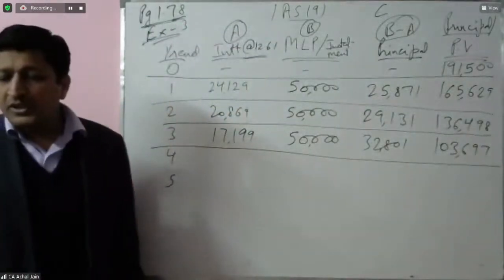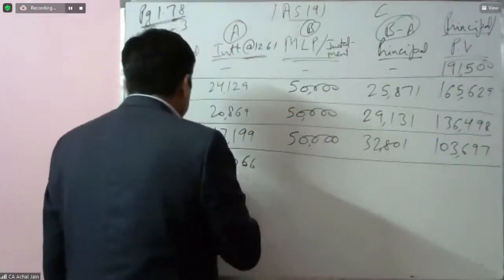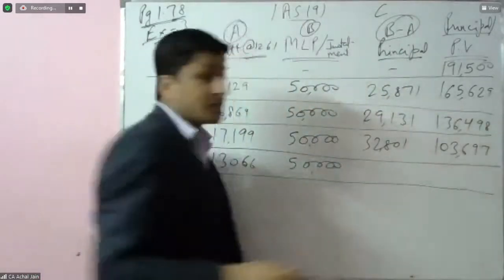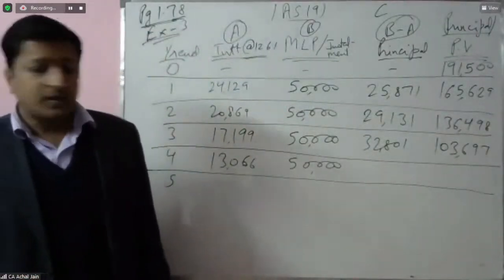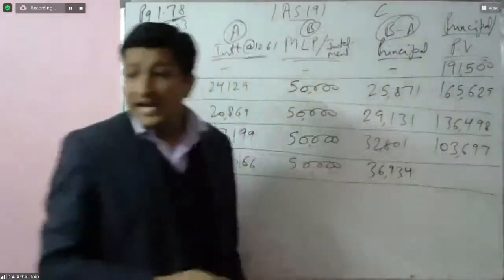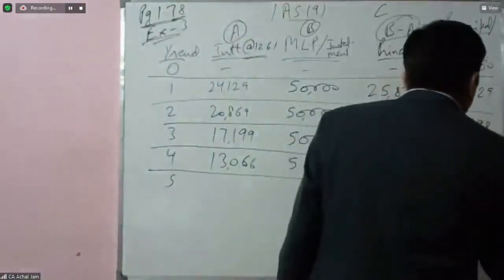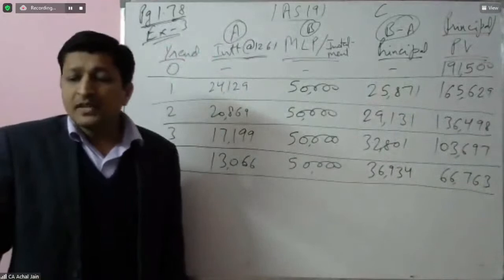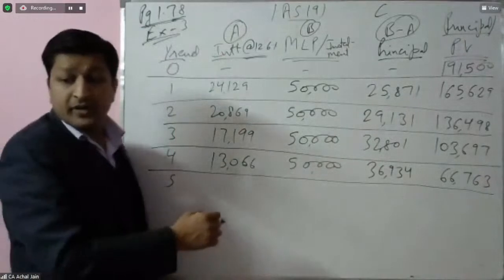Okay. In the fourth year, now the interest is 13,066. 50,000 once again is paid. So we have 36,934, and the balance amount is 66,762. Same thing will continue in the fifth year. Now we have interest of 8237.